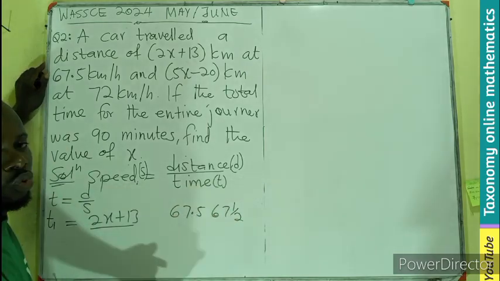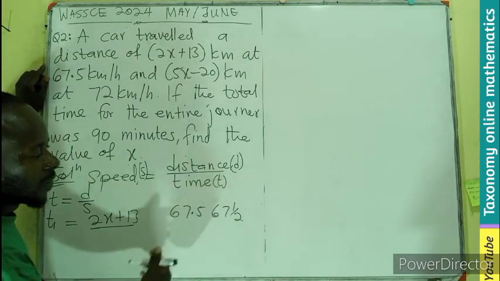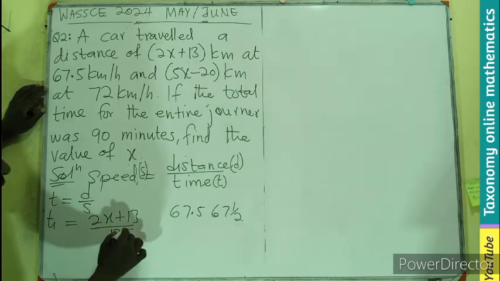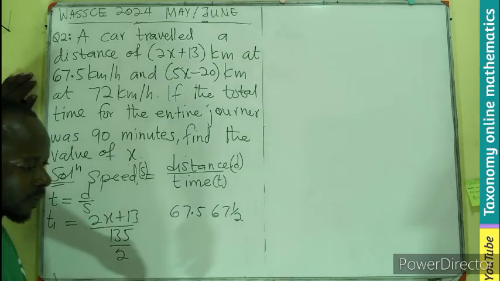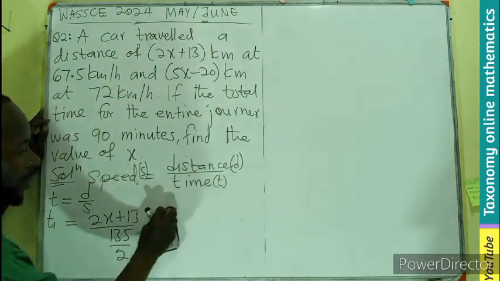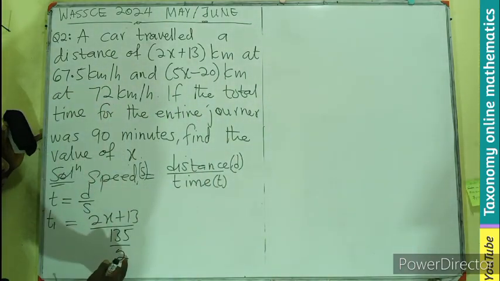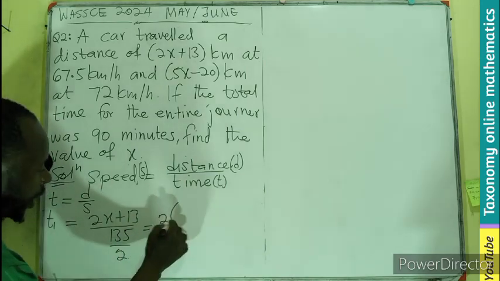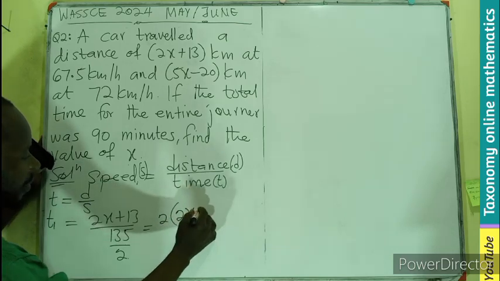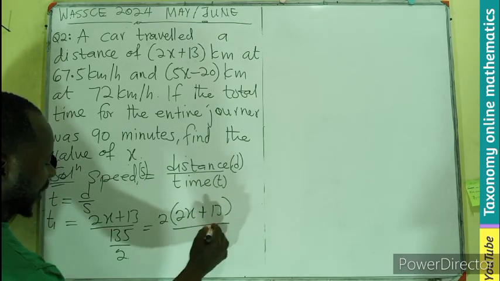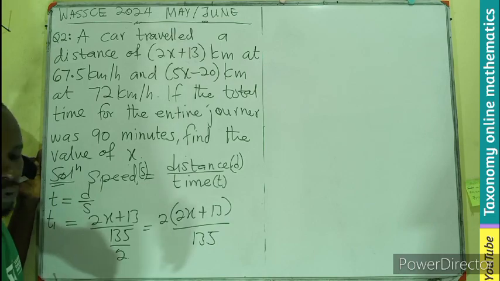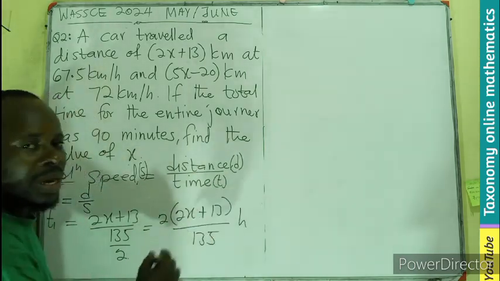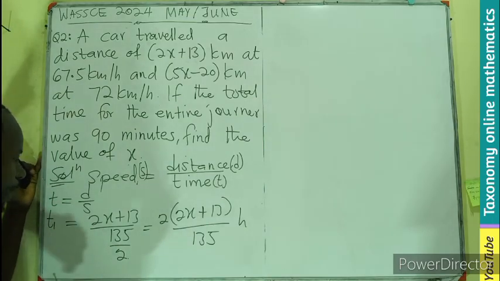Multiply and add the 1, and that gives 135 divided by 2. Since this is a double division, we get 2 times the bracket 2x plus 13 divided by 135. That gives the time in hours for the first part of the journey.